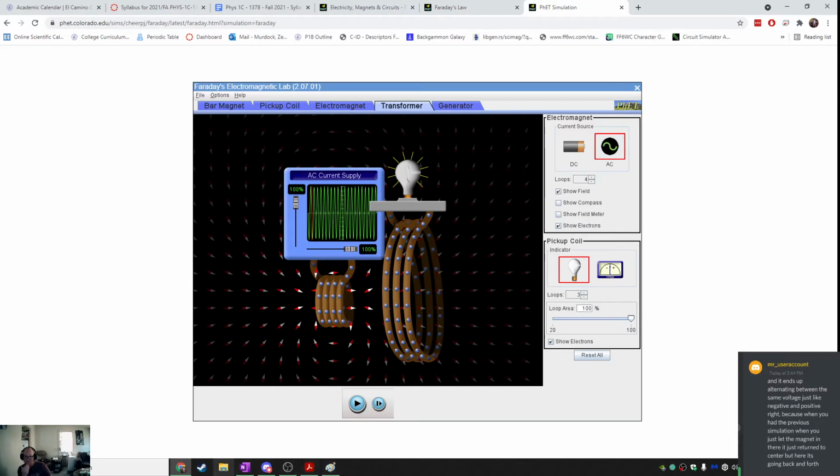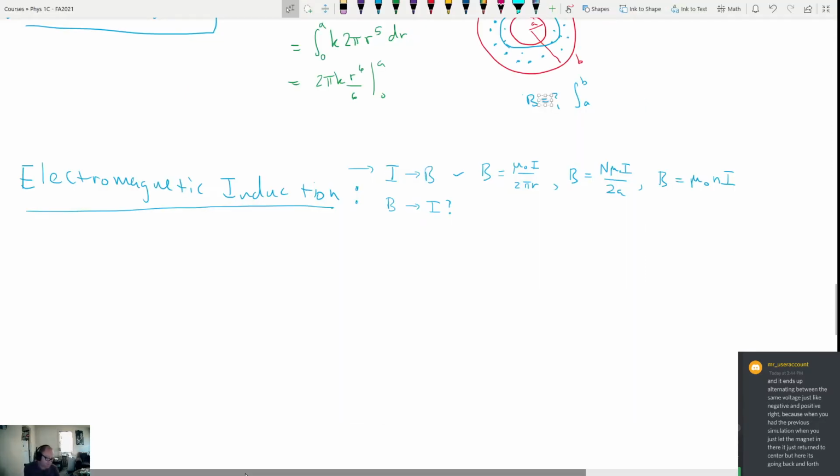So let's talk about the physics of this. We call this electromagnetic induction, okay? And the thing to talk about now is what makes this happen.